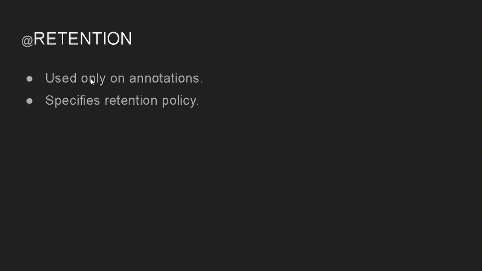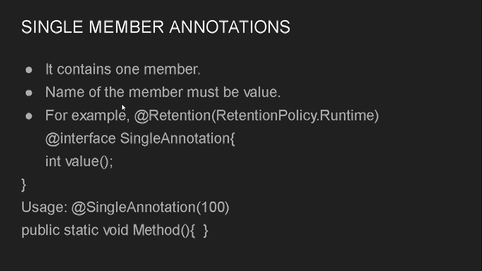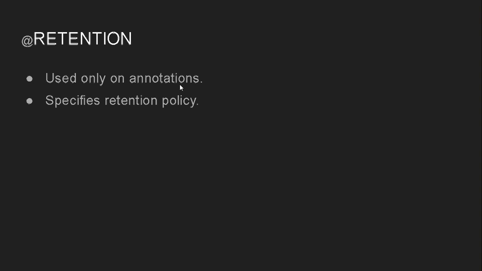It is always used only on an annotation. By used, I mean this usage, because this annotation is already defined in the Java programming language, so I use it in front of an interface, obviously in front of an annotation interface. So it is used only on annotations, and it is going to specify the retention policy.